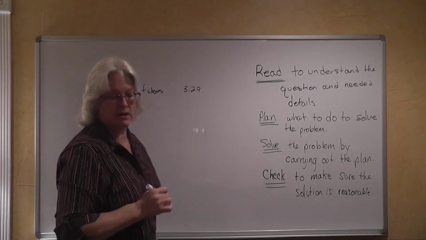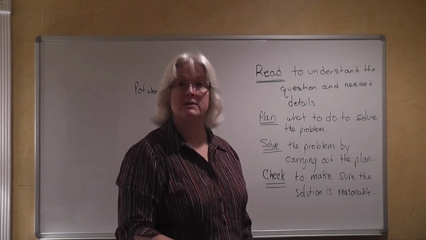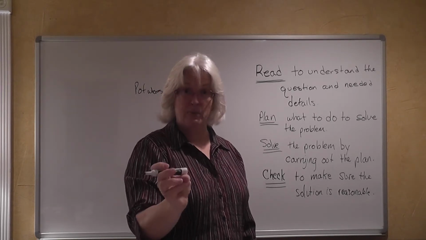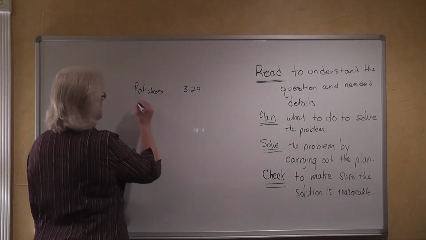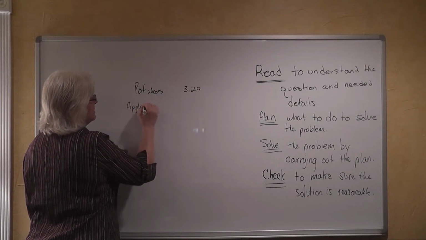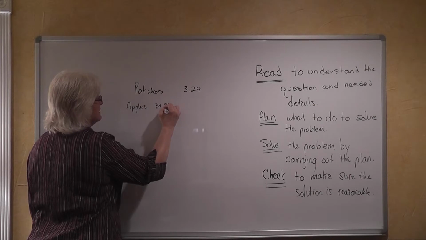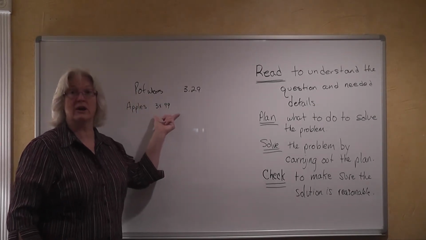And then it says that she bought 3 pounds of apples at 99 cents a pound. Another little twist there. Did the apples cost 99 cents? No. The apples cost 99 cents a pound, and she bought 3 pounds. So 3 times 99 cents. Now let me tell you my little mental trick here. That's $2.97.